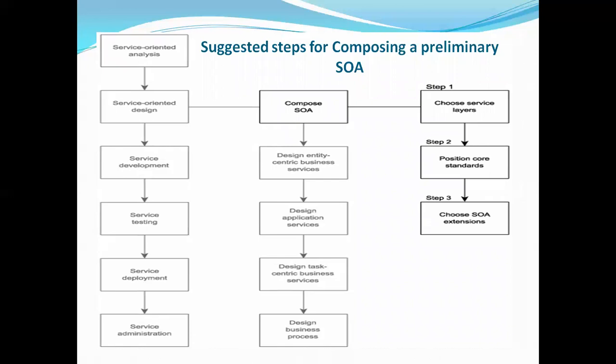That is using XML, WSDL, UDDI during the development of web services, and then applying the web service specifications and different web service characteristics on the web services. Then choosing the service-oriented architecture extensions. So these are the 3 steps. Let us see one by one the detailed steps used in compose SOA.